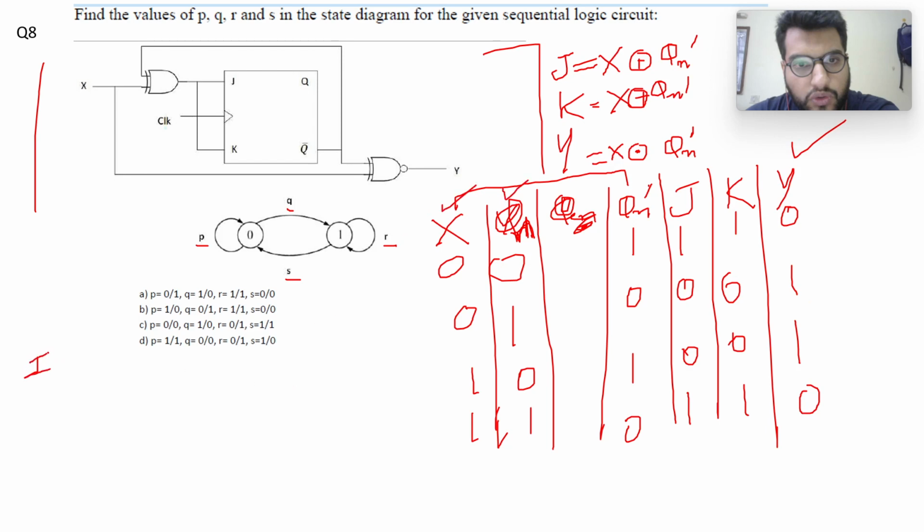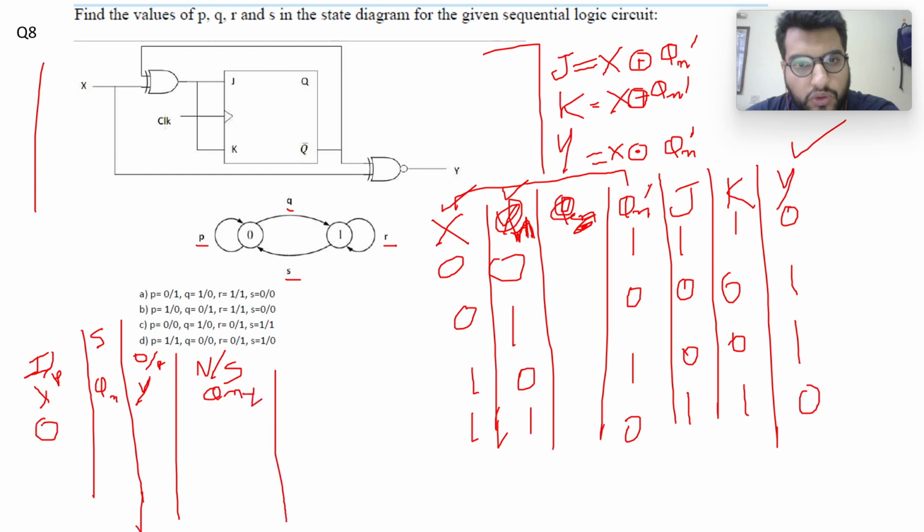So I'll write it here. My input, my state, my output, and my next state. So X, Qn, Y, Qn plus 1.